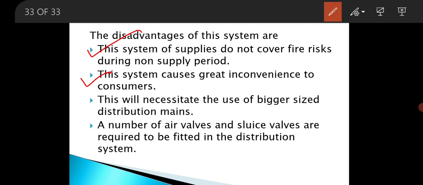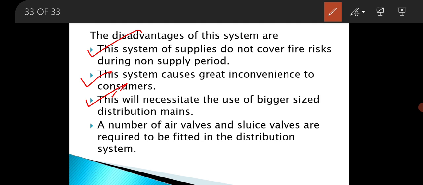And as in this system the supply of water for the whole day has to be pumped during 6 to 8 hours only, this will necessitate the use of bigger sized distribution main. And when the supply of water is stopped and the water from the pipe is drawn off, a partial vacuum may be created in the pipe. This will induce suction through the leaky joints.